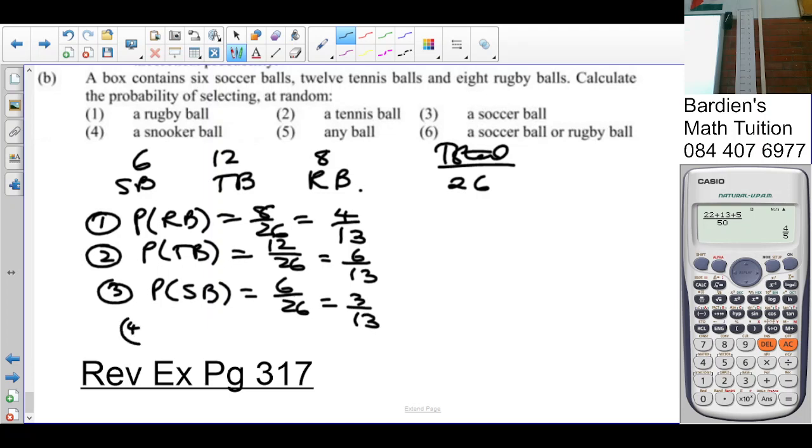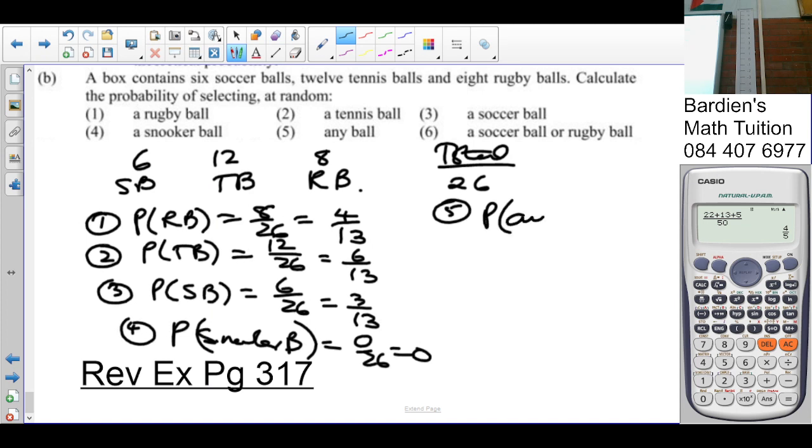Number 4, a snooker ball. 0 out of 26, which is 0. Any ball? 26 out of 26, which is 1.